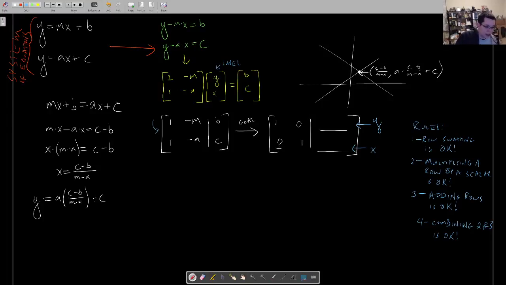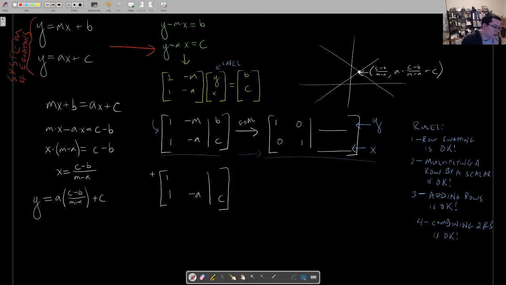So if we want to get this mess into this form, we're going to start with this matrix, and I'm going to walk you through the process. We have 1, minus m, b. And the first thing we want to do, well, let me start over. We only want to change one row at a time, just for clarity's sake. So the first thing we want to do is get this to say 1, 0.